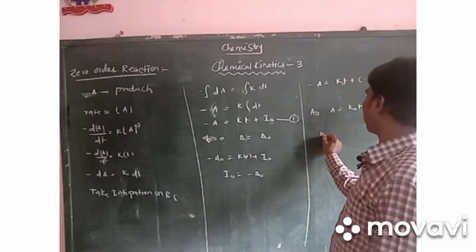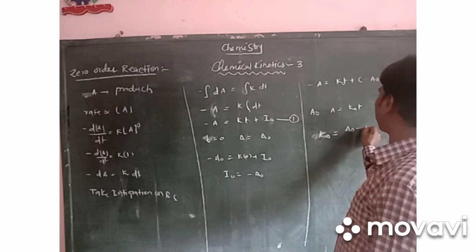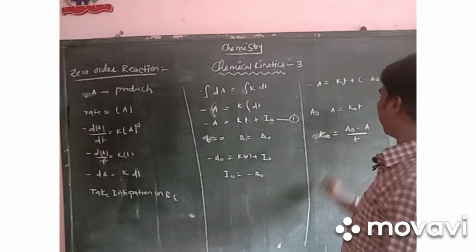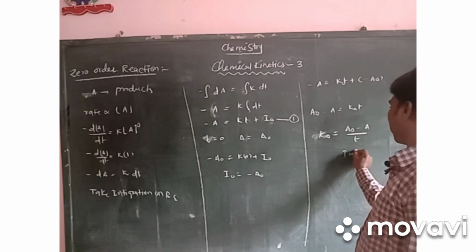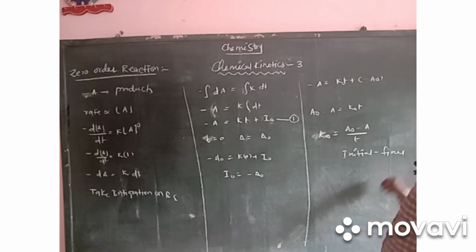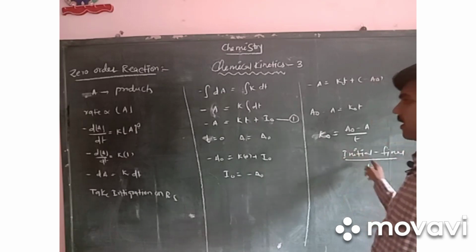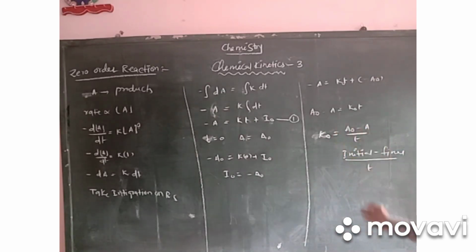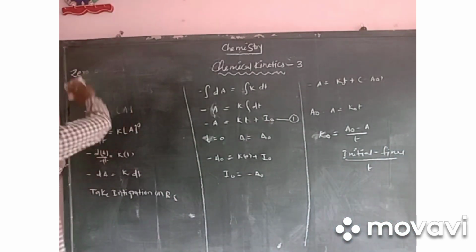So finally, k naught is equal to A naught minus A by t, where A naught is the initial concentration. Initial concentration minus final concentration with respect to time, we call the zero order integral rate equation. So far, whatever we discussed is the zero order integral rate equation.